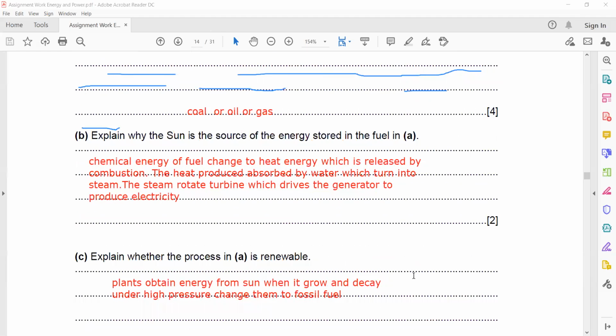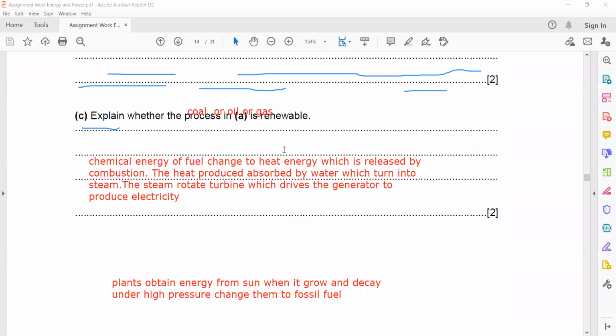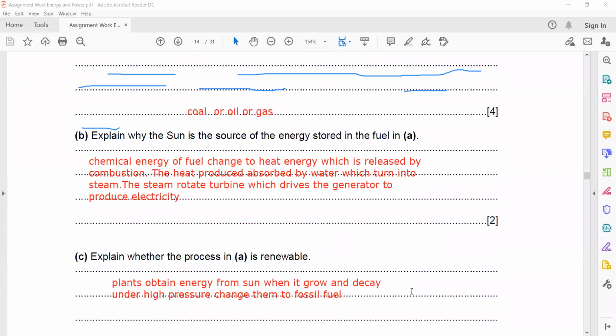Then explain whether the process is renewable or non-renewable. Is this process renewable or non-renewable? It's a non-renewable process, and since it is for 2 marks, you have to mention why it is non-renewable: the source cannot be replenished over a short time.